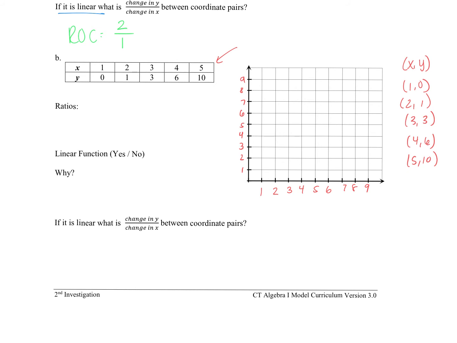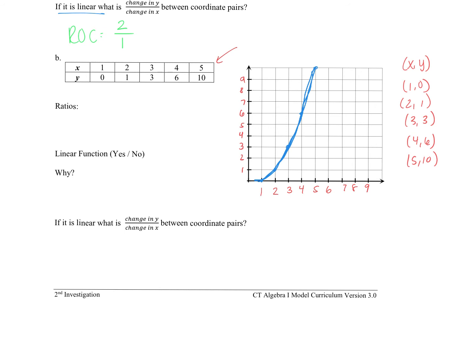You should do it while I do it as well. Okay, so I have plotted my points and drew my graph.